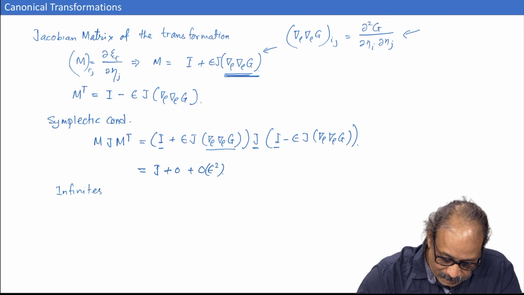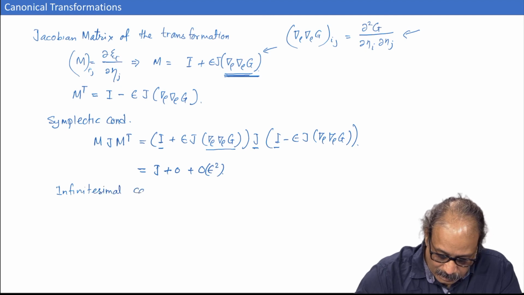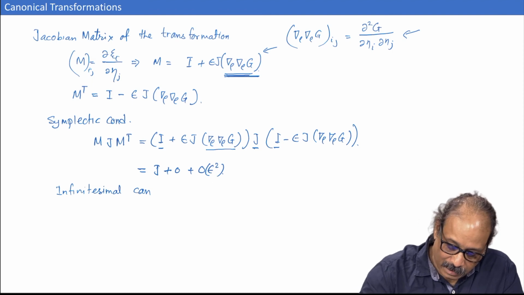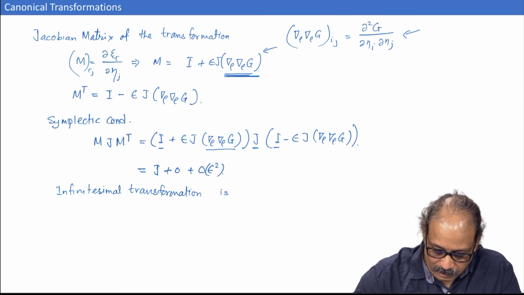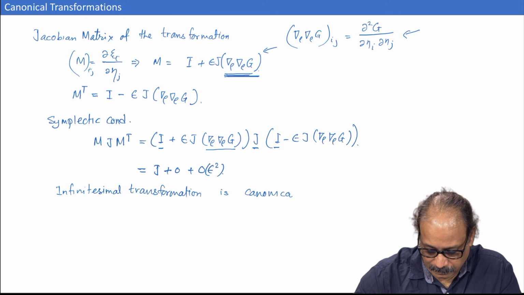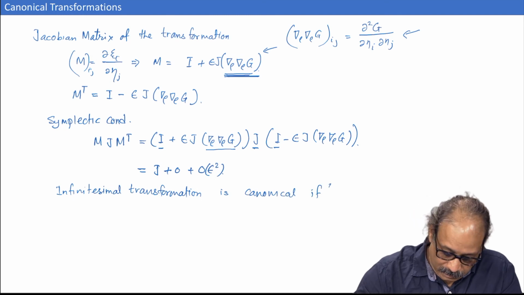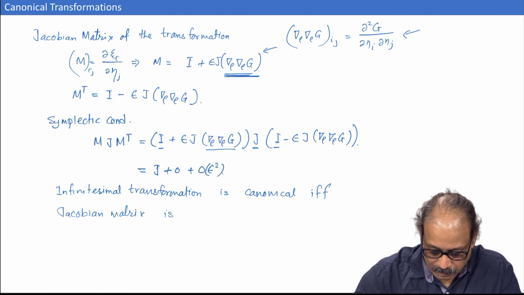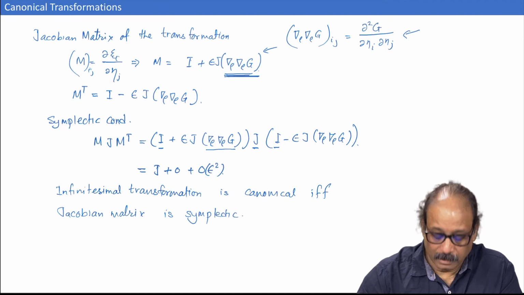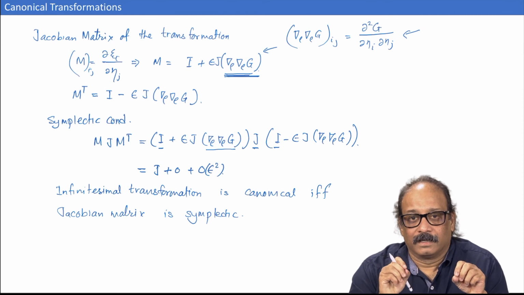So, an infinitesimal canonical transformation, or I will write this as an infinitesimal transformation, is canonical if and only if the Jacobian matrix is symplectic. Now, we are getting somewhere, but see, this is only true for the infinitesimal case.